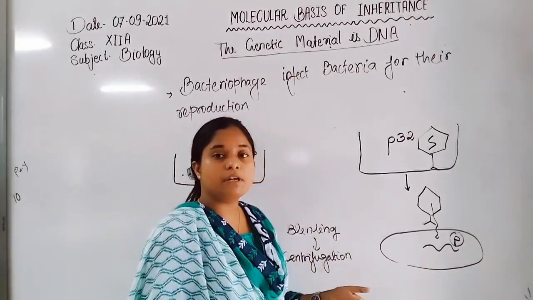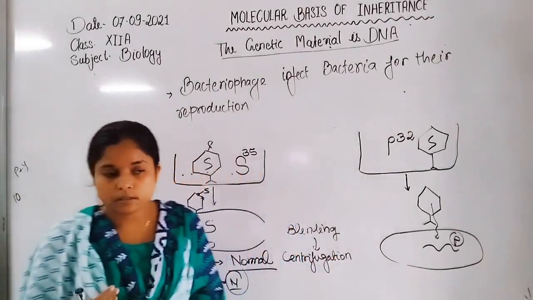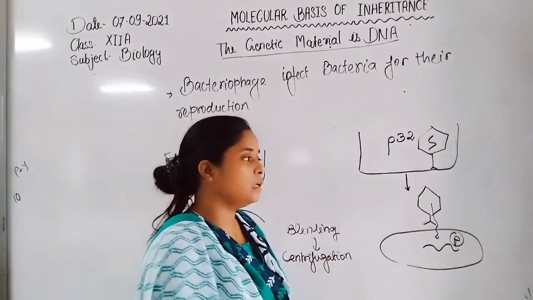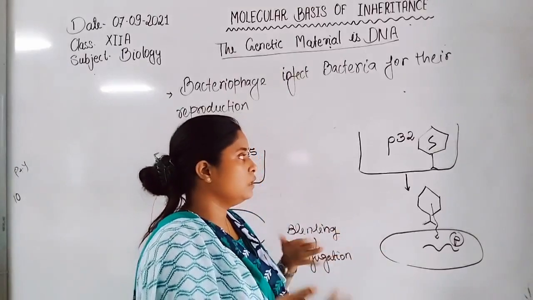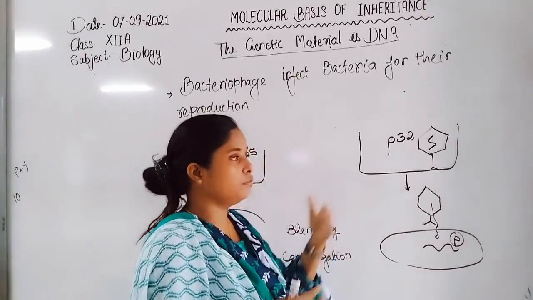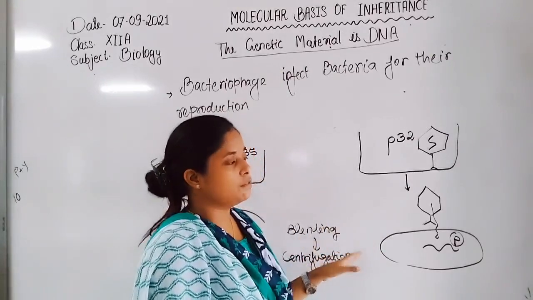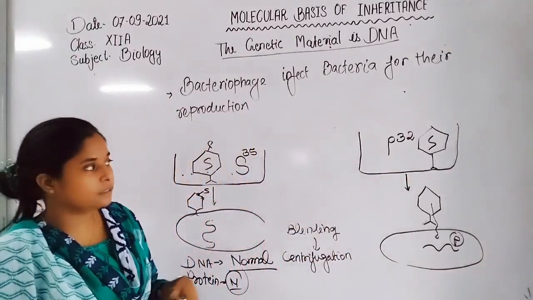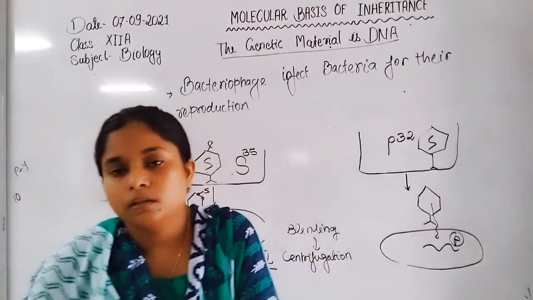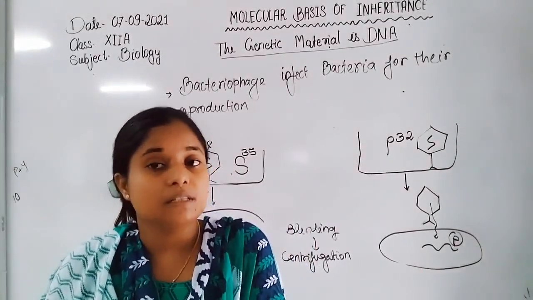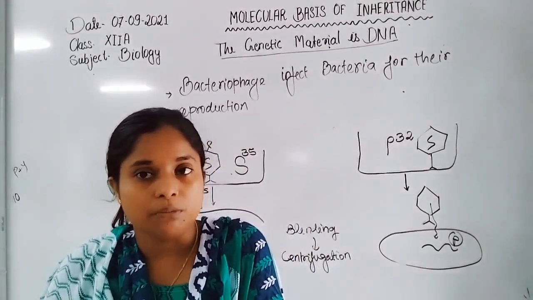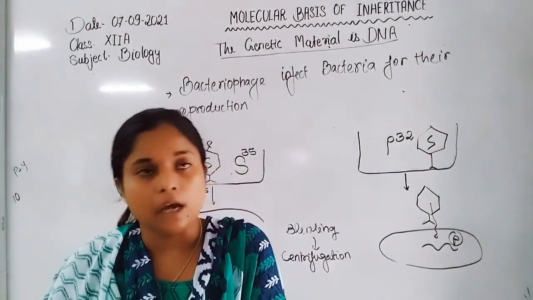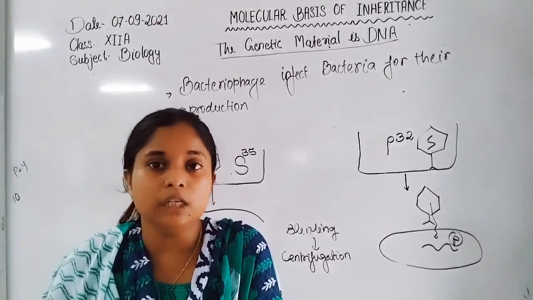How did they differentiate between the bacterial genetic material and the bacteriophage genetic material? They grew the bacteriophage in a radioactive substance, and they identified that the radioactive phosphorus is only present in DNA, not in the protein.